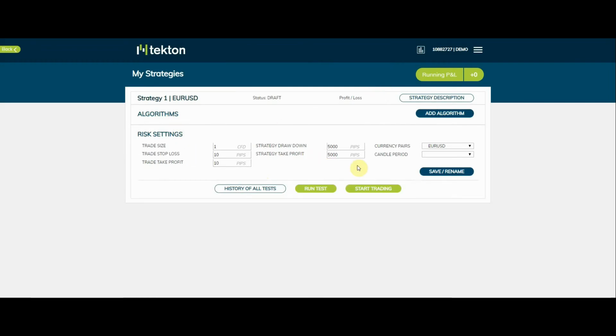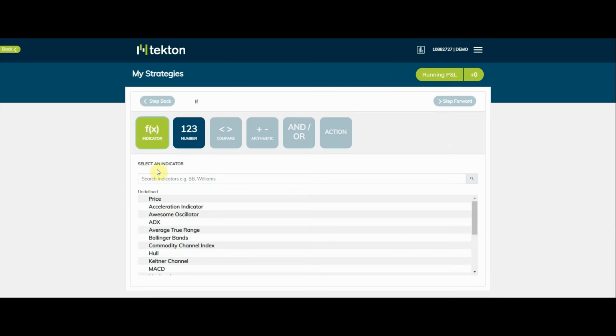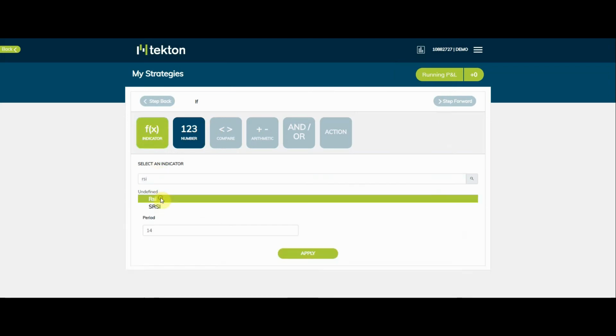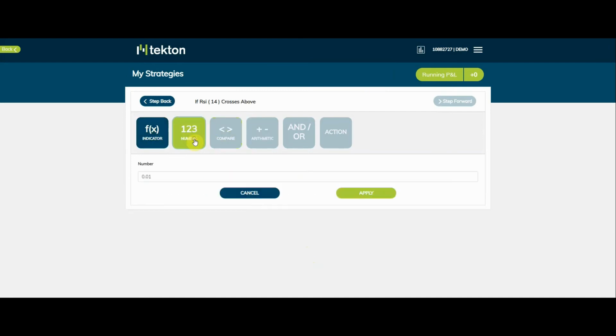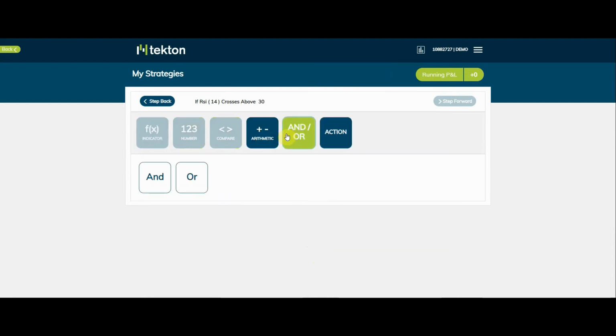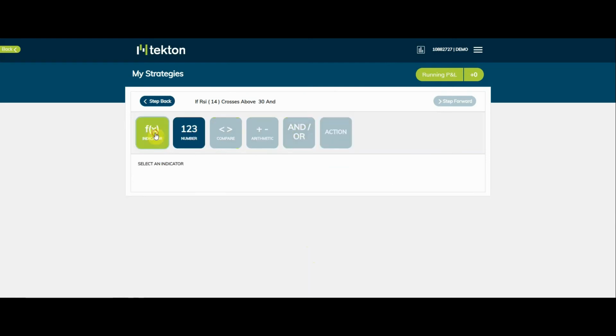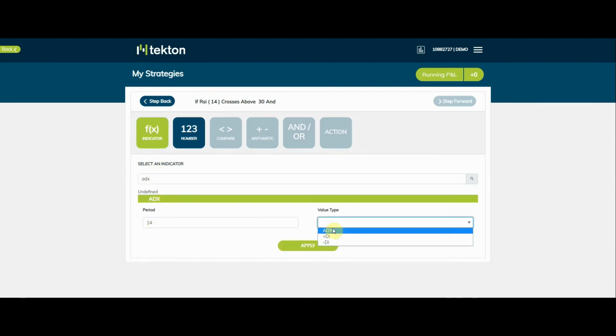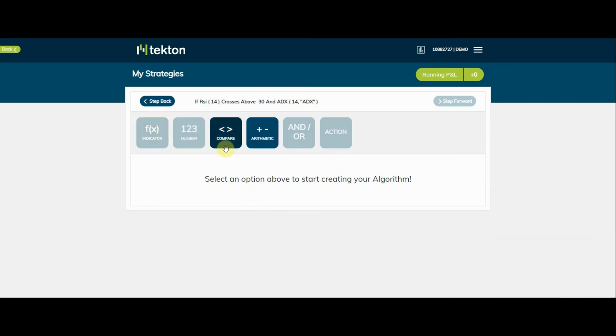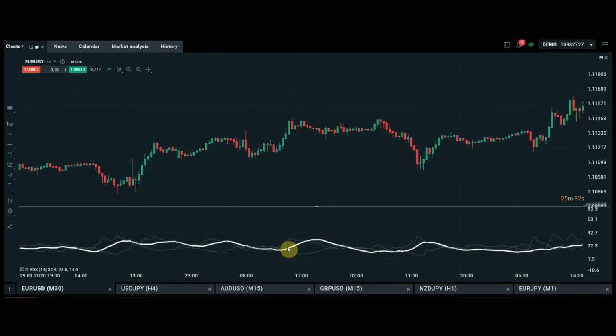Let's say, for example, when RSI 14 crosses above number 30, and so we're using the add function, and ADX 14, and the value is the ADX is above, and we'll put the number on here of, say, 25, so that we know that once it goes above that, we now start to see some direction move.